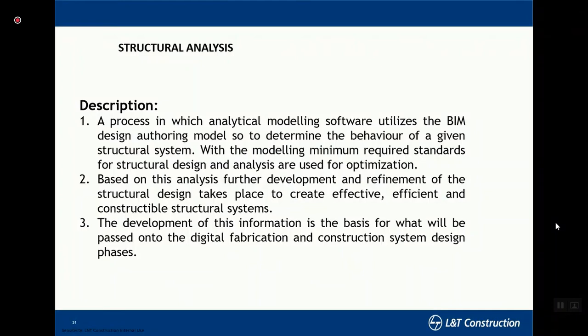The execution team is involved in the execution stage for all the disciplines. So it is a horizontal process followed or used by everyone, including the client, the vendors, etc. But since this particular session today is more for structural engineers, I am talking about the BIM process of structural analysis.